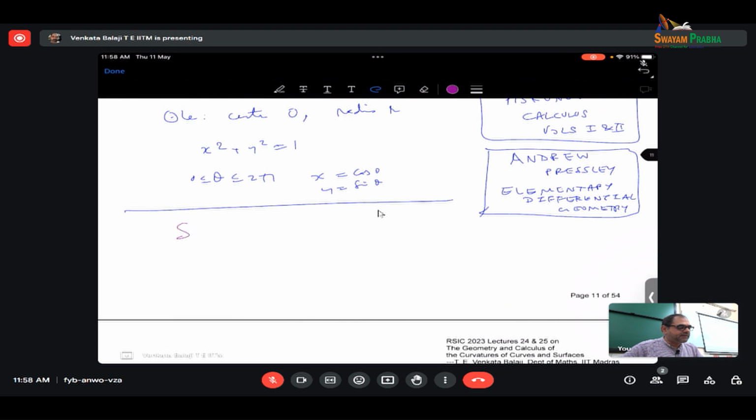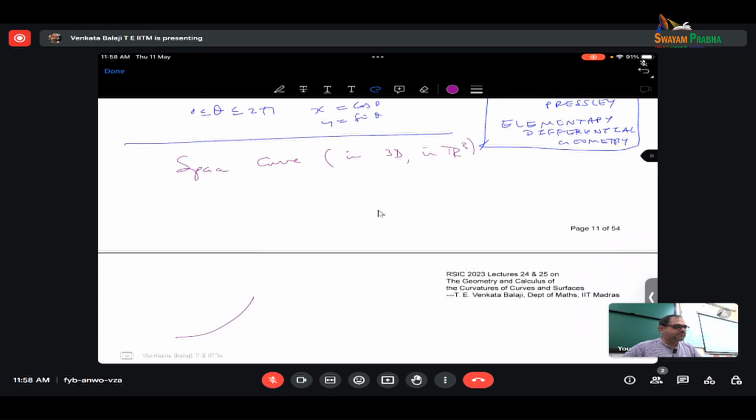Let me take a space curve, let us say in 3D, that means in R^3. Think of a helix. Now if you take a point on the curve, this curve is moving in space, it is no longer in a plane. So what do you mean by curvature?